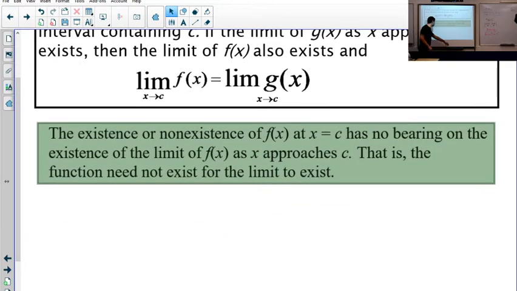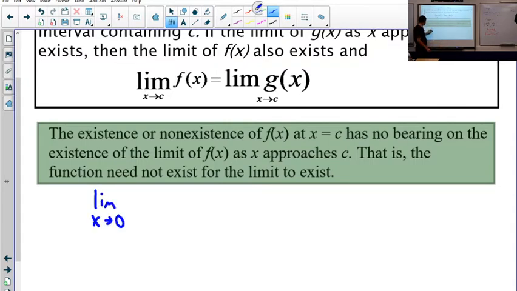The basic idea is that if I want the limit as x approaches 0 of x over x, take a second and think about what the graph of x over x looks like. Pause right now. What you should realize is that this behaves like y equals 1.